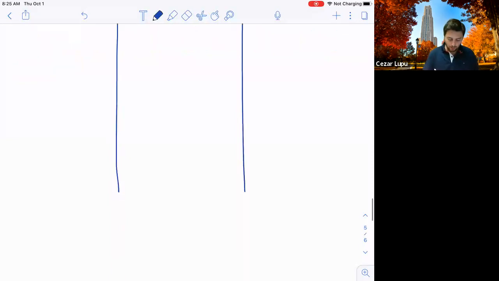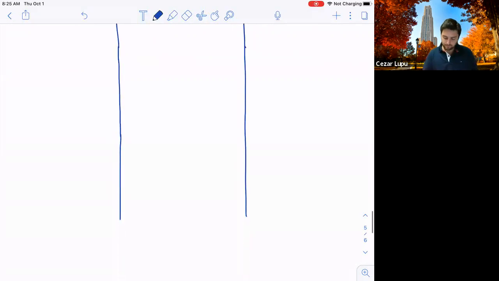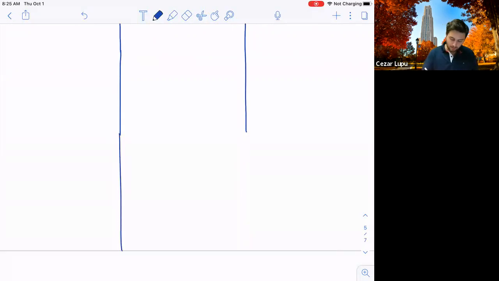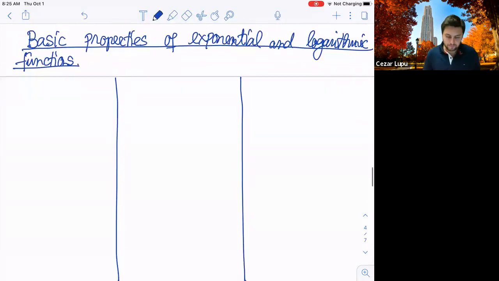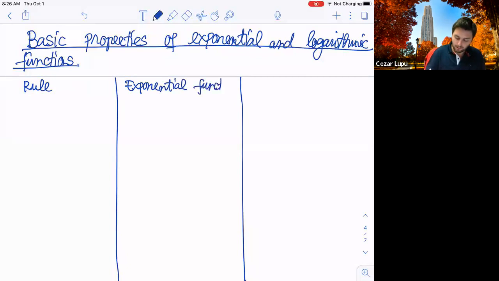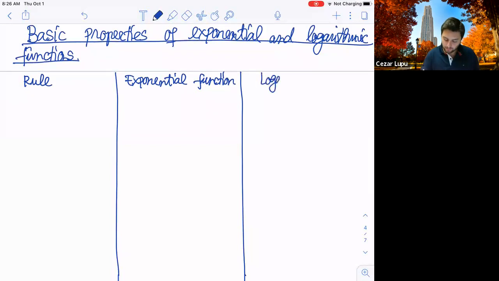And we'll do it in the following way. Okay, here we go. Now here we're going to have a rule. Here will be the exponential function. Here will be the logarithmic function.